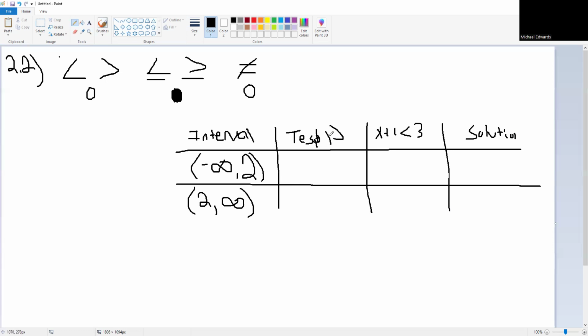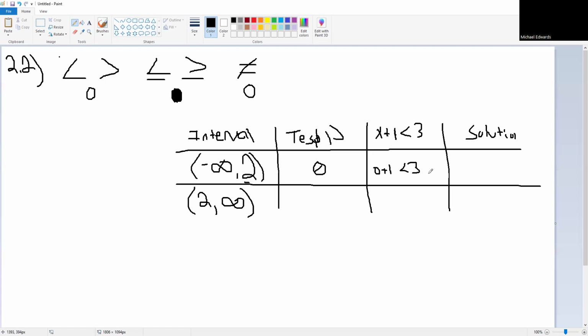So with test points, you never use the critical number. You always use something other than the critical number. Our critical number in this case is 2, so we don't want to use that. Something easy to use is 0. So let's plug in 0. That's our test point. So this would be 0 plus 1 less than 3.